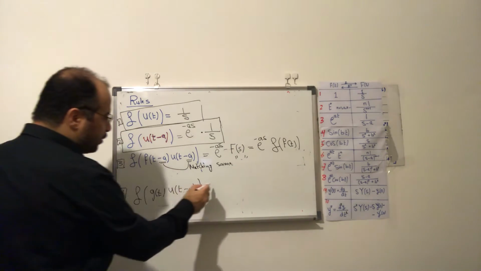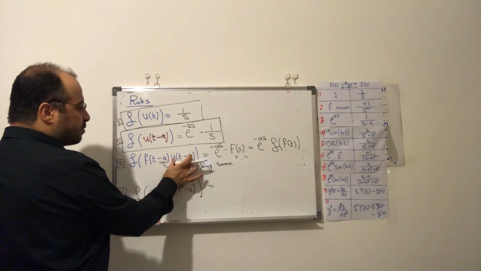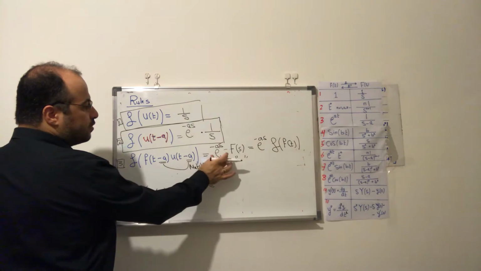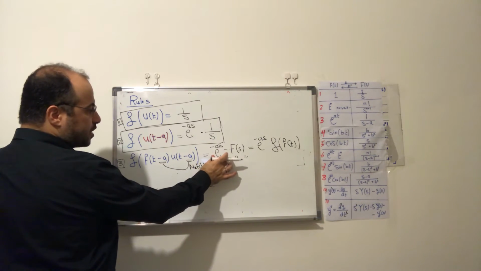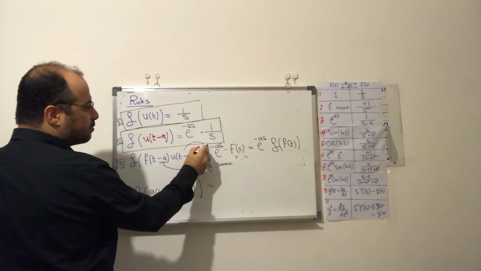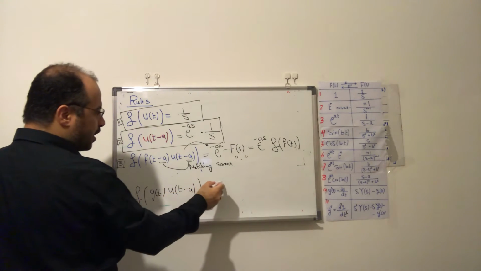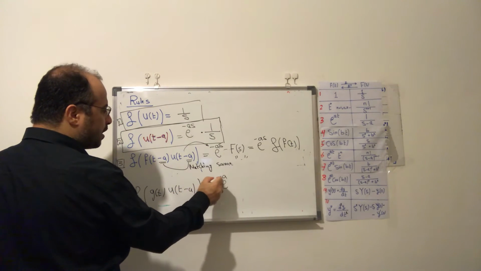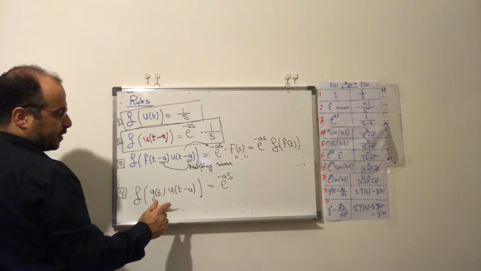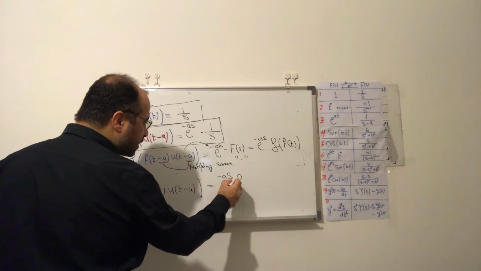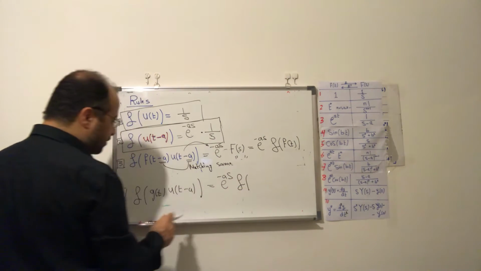It says you still, because you have a Heaviside, need to multiply with that exponential. So when you have a Heaviside, you multiply by that exponential. So I still multiply with that exponential, and then here you need to multiply with the Laplace transform.